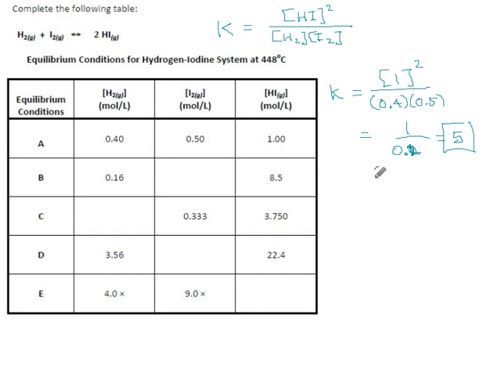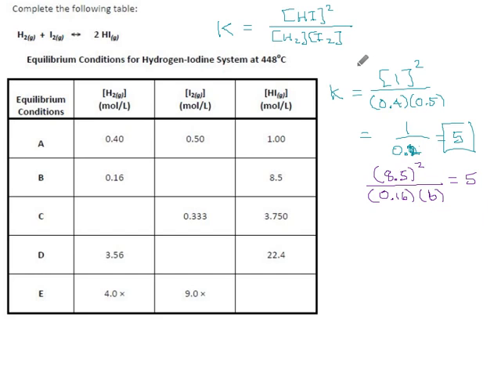Our HI is 8.5. So 8.5 squared over hydrogen 0.16. And iodine, I don't know. I'll call it b because this is question B. That has to come out to 5. Can we solve that? Probably.